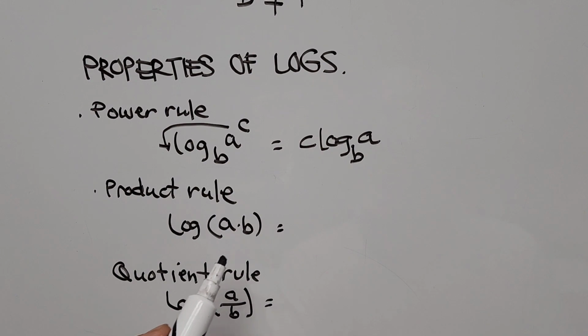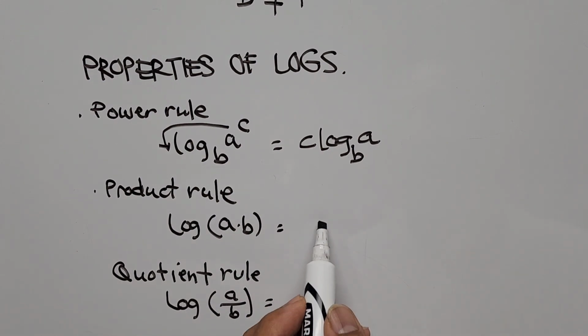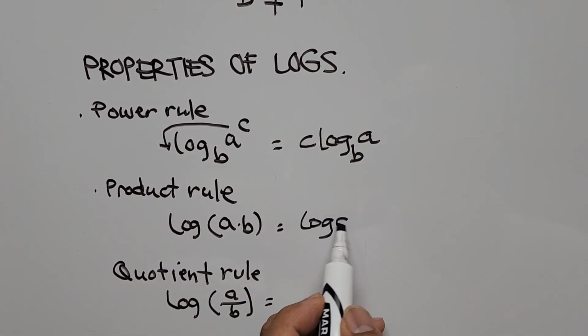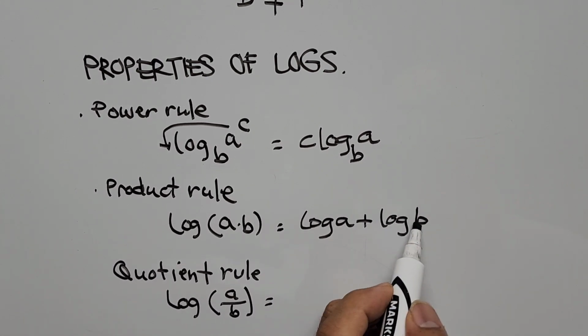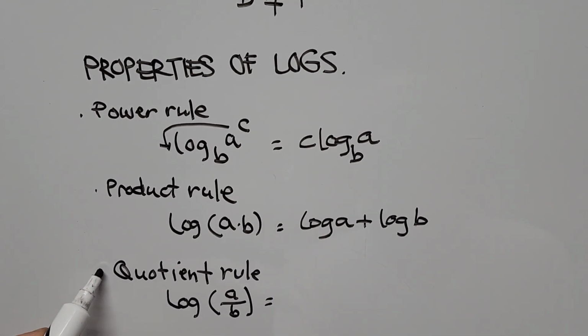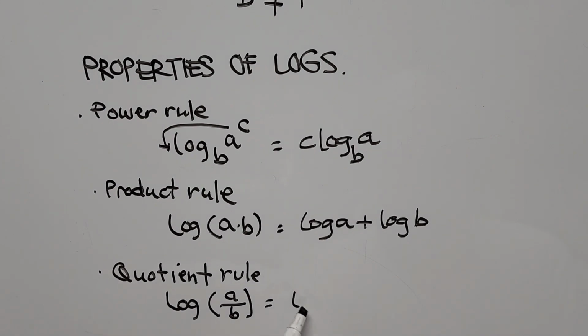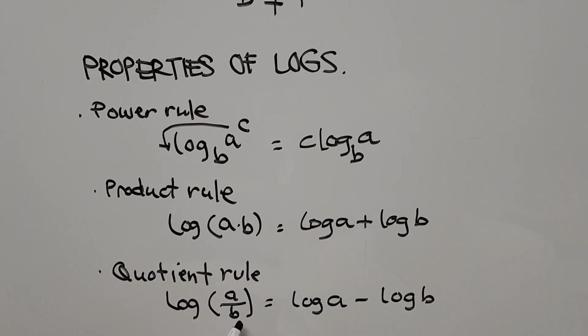So if we expand this, this is equal to log of a plus log of b. And the quotient rule, we have log of a minus log of b. So we're subtracting b from a, right?